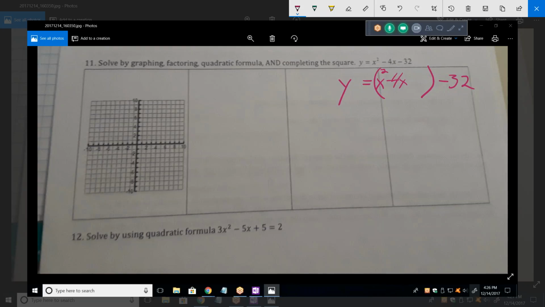Okay? But so far, what I've written is identical to what we started with. And that's what you always want to think of when you're completing the square. Make sure that you end up with the same thing you started with. You can manipulate it algebraically. You can't change it. You can't make that 31 all of a sudden.